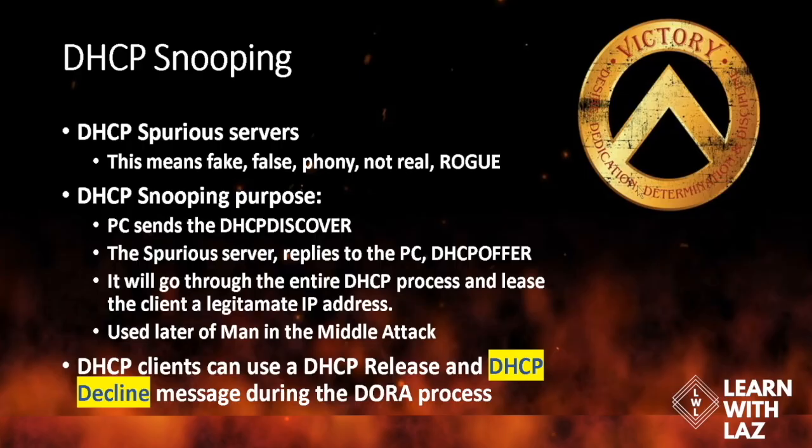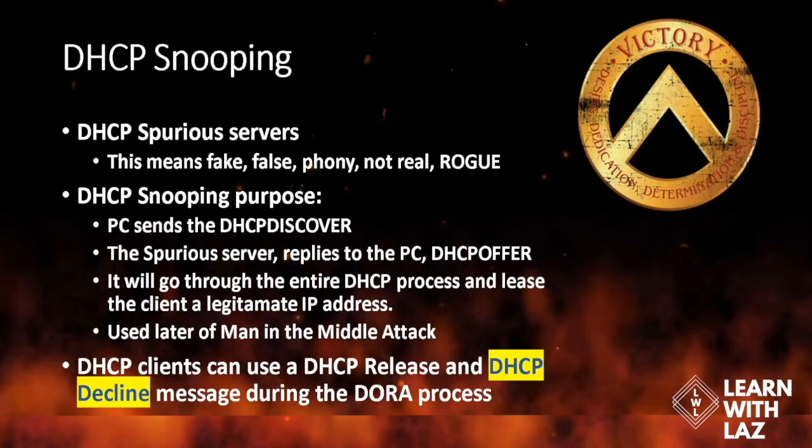But hey, this is something that we need to understand now, that during the process of DORA, the client can actually decline the offer if it notices that it has the same IP address. Isn't he looking for an IP address? Well, anyway, he sends a gratuitous ARP, okay? And that's what happens.